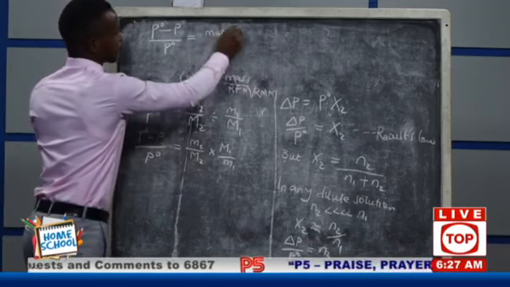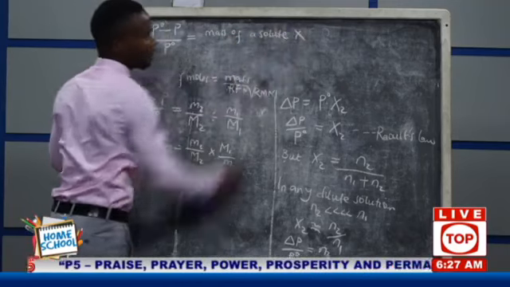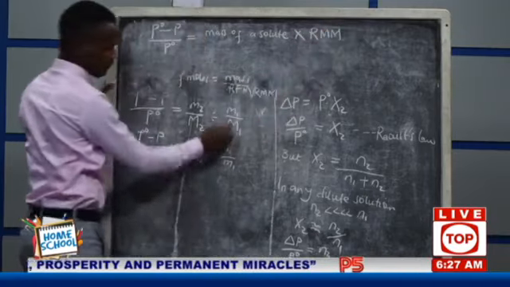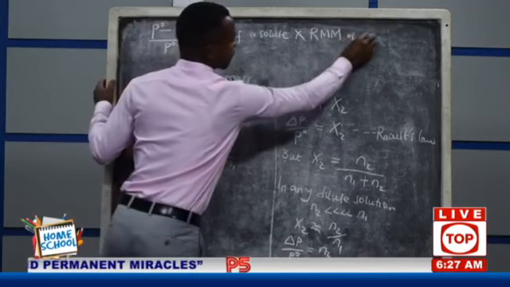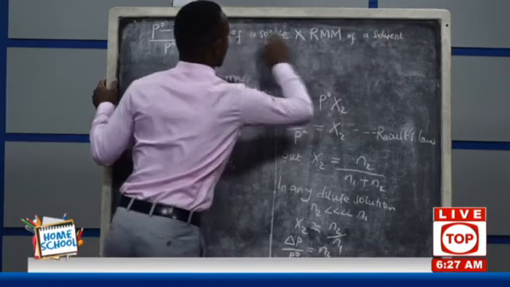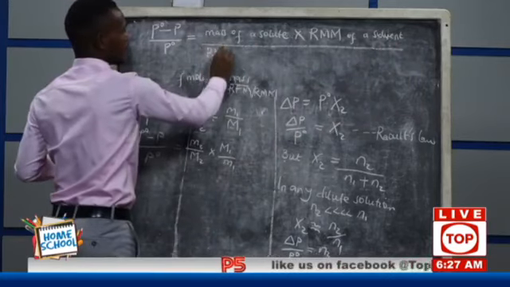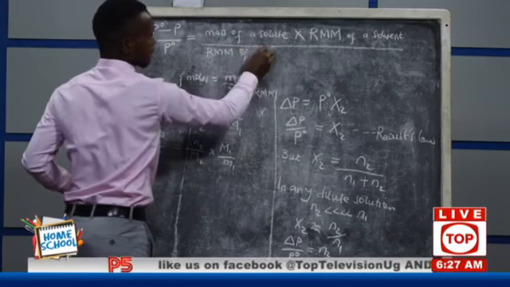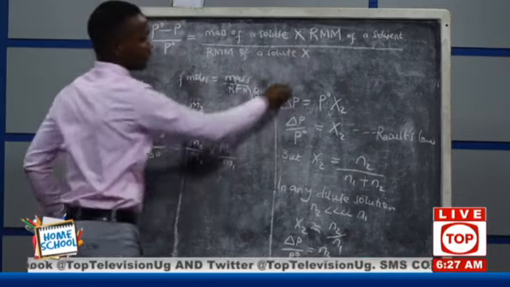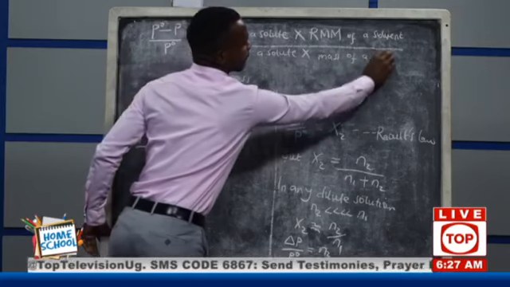Mass of a solute multiplied by relative molecular mass of a solvent, divided by relative molecular mass of a solute times the mass of a solvent.